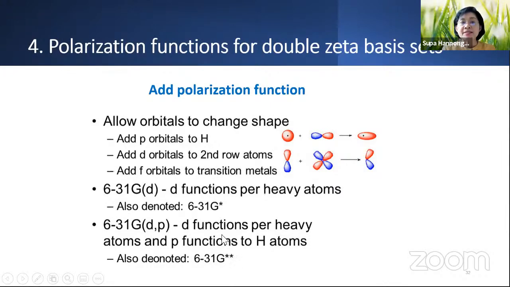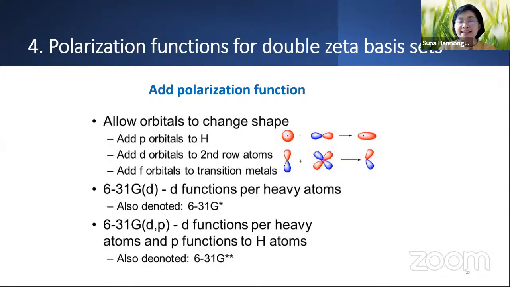The first star is the D function polarization per heavy atom, and the second star means polarization on the hydrogen atom, the P function, right? So now it is quite nice, 6-31G star or 6-31G double star.